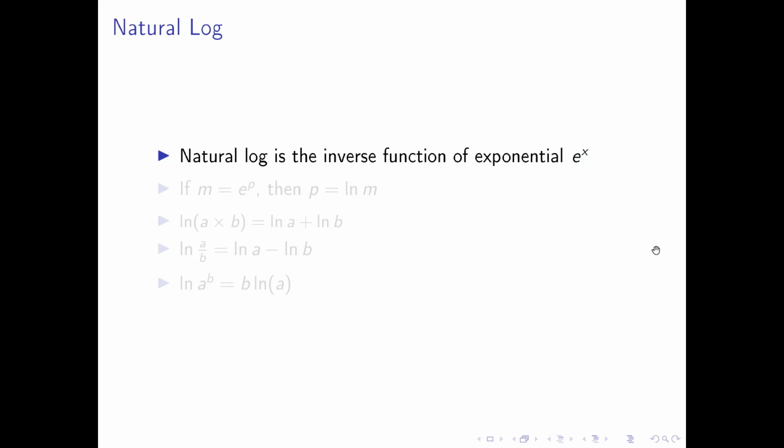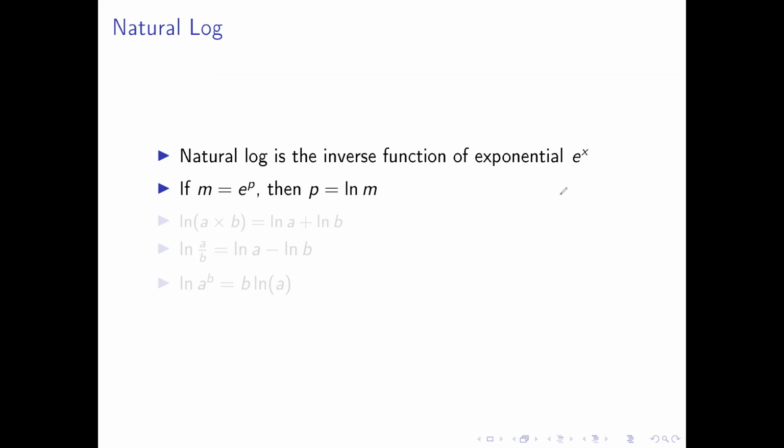Here, first, let me give you the definition of the natural log function. Let's say m is equal to e raised to the power of p. Here we use e as base, and we raise it to the power of p.